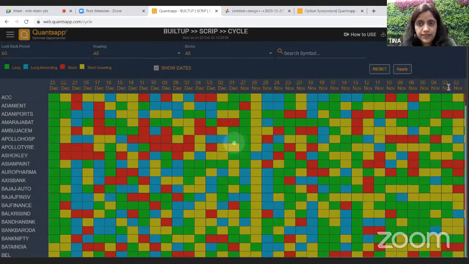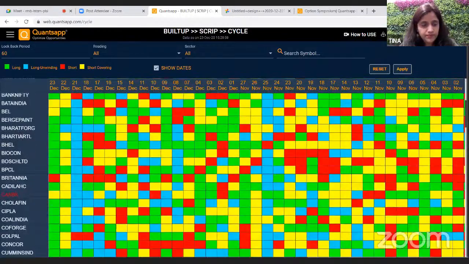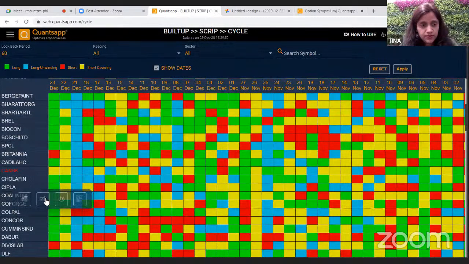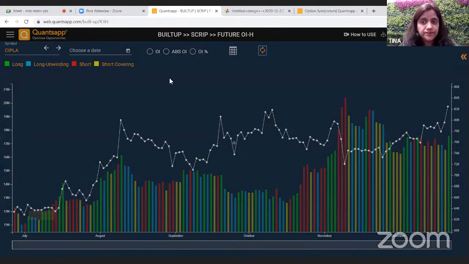So you can go to the build up cycle also. You have the cycle data. Okay.